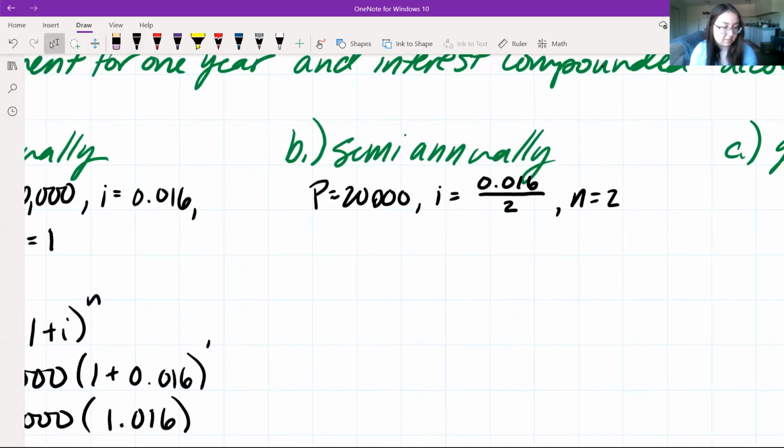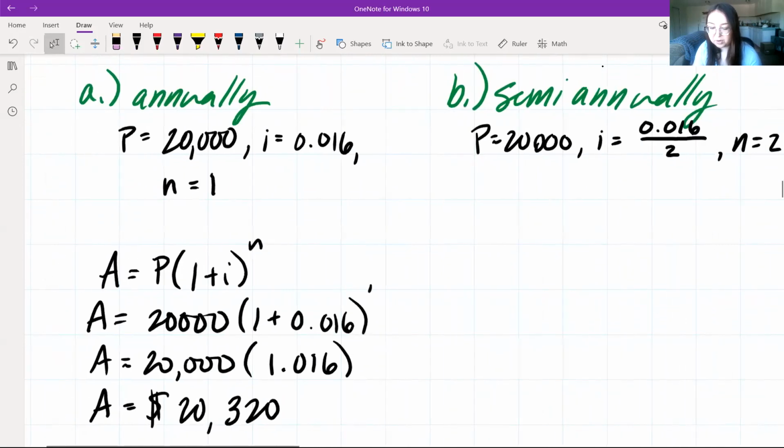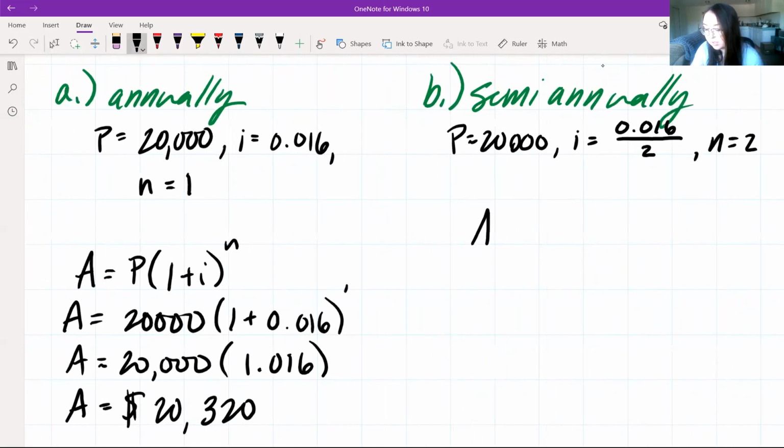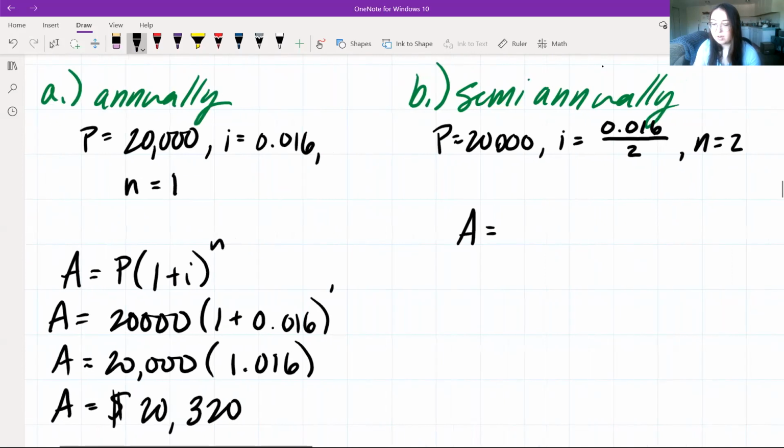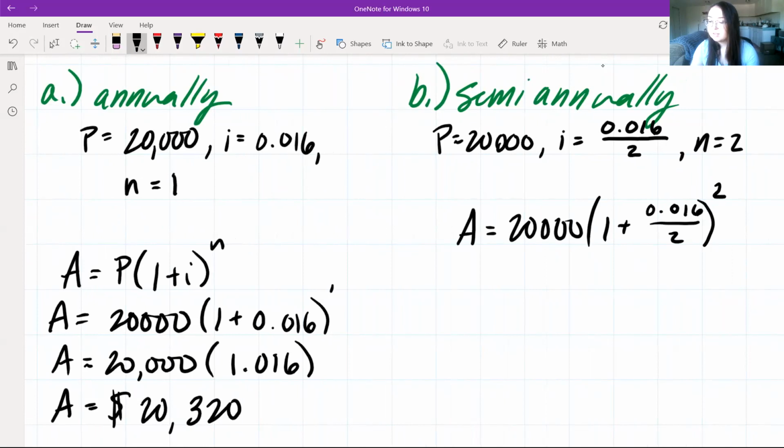We know our equation already, so let's jump right into it. We have A is equal to 20,000 times 1 plus 0.016 divided by 2, to the second power.